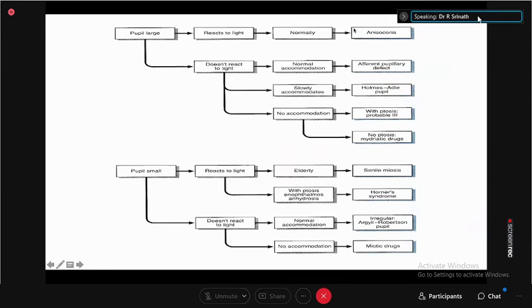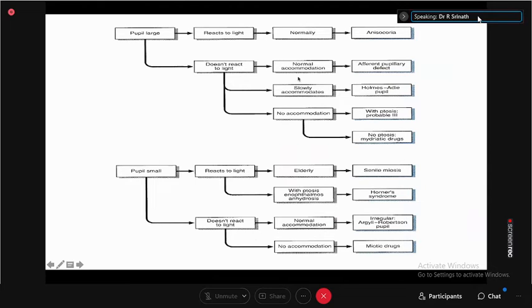So whenever you have any pupillary abnormality, there is a way to approach. Whenever the pupil is large, that means mydriasis. When it reacts to light normally, then possibly it is some sort of physiological anisocoria. Whenever the pupil is large and doesn't react, with normal accommodation, it may be, as I was already mentioning, an afferent pupillary defect, called RAPD.